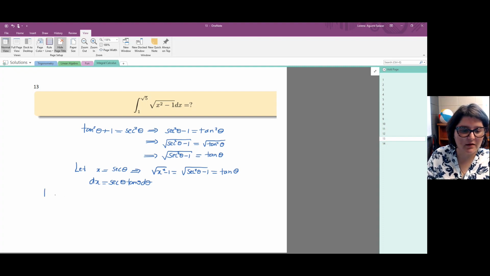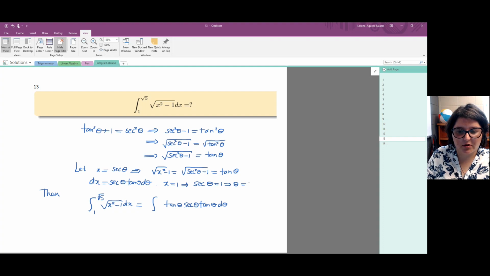So then the integral from 1 to root of 5 of the root of x squared minus 1 with respect to x turns out to be a new integral of tangent of theta times secant of theta times tangent of theta d theta. And if x is equal to 1, then secant of theta is equal to 1.